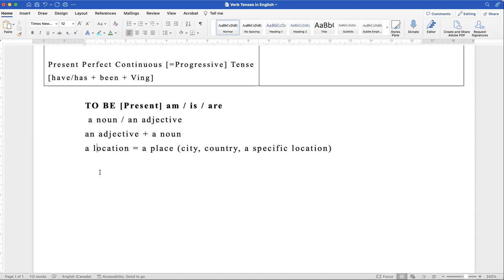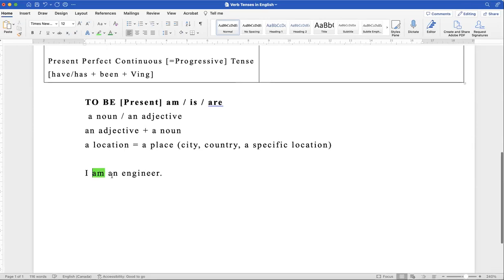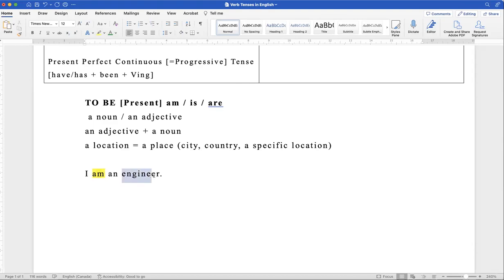So in this case, we can use a noun. I am an engineer. In this case, am is the verb to be, the present form. And after am, we are not using a verb, we are using a noun.